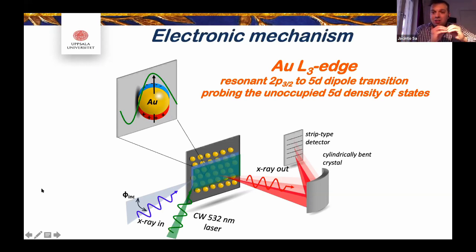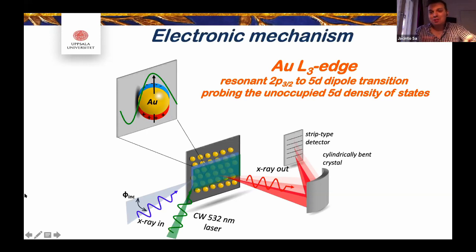In fact, it should be a 5d10. The only reason why you don't have a 5d10 is because of the nano size. You have a small hybridization with the 6sp, and that opens a little bit of the d states. That also has been associated with why gold becomes catalytically active when it's below 10 to 15 nanometers. But basically, you are measuring a very low signal.